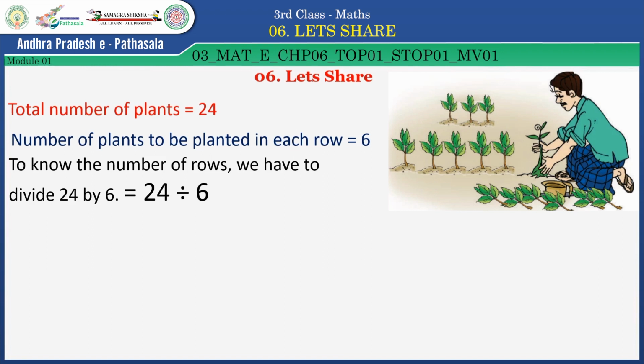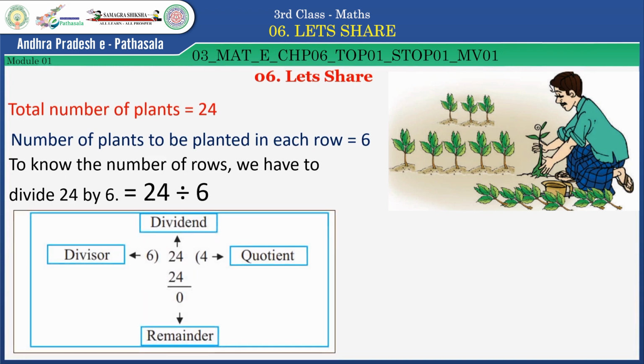Clearly, here the dividend is 24 and the divisor is 6. In the 6 table, 24 comes 4 times, that is 6 4s are 24. Now write 24 under 24. 24 minus 24 is 0, that is the remainder. Quotient is 4. That means the number of rows is 4.